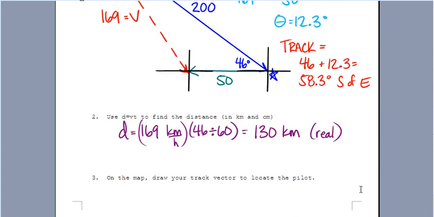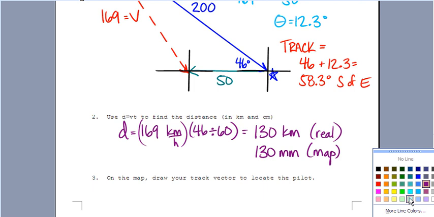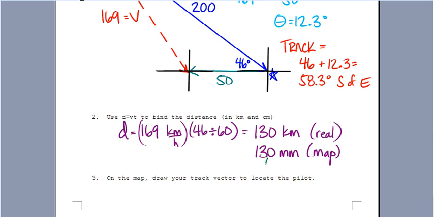So 130 kilometers in real life means 130 millimeters on the map, but it turns out you're probably not going to measure with your ruler in millimeters. Typically you would go into centimeters, so divide by 10. That's going to be a 13 centimeter long line.